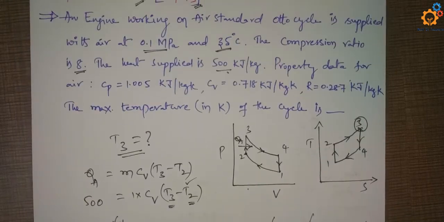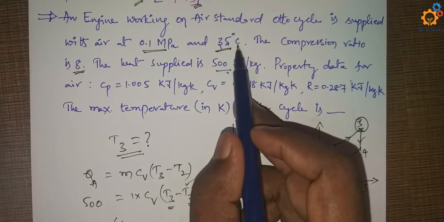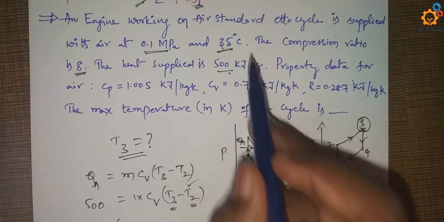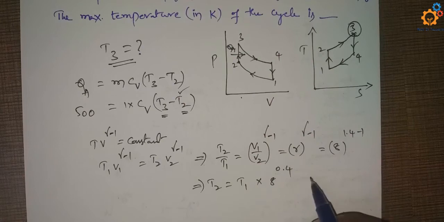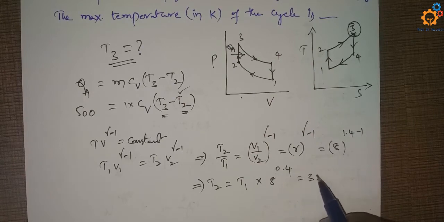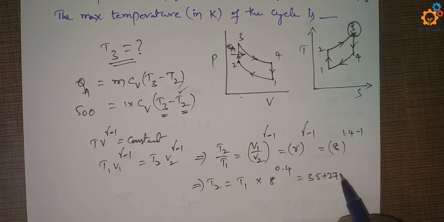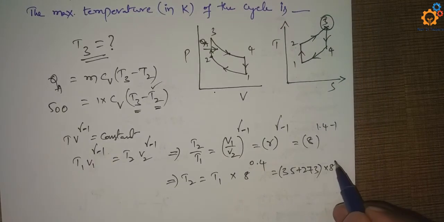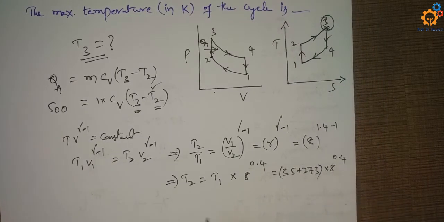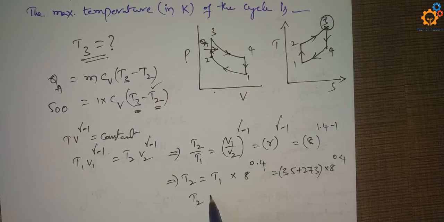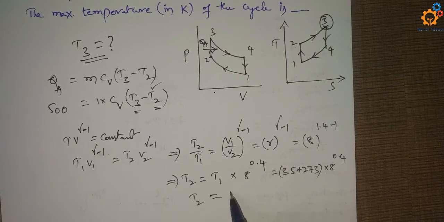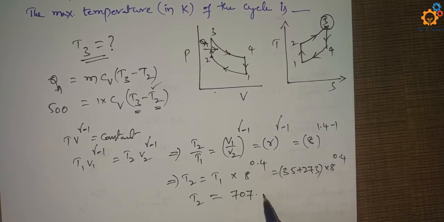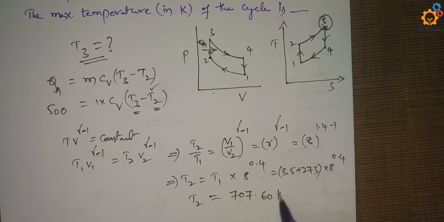T1 in the question is given initially at 35 Celsius, right? So 35 plus 273 into 8 power 0.4. So T2 will be 707.60 Kelvin.